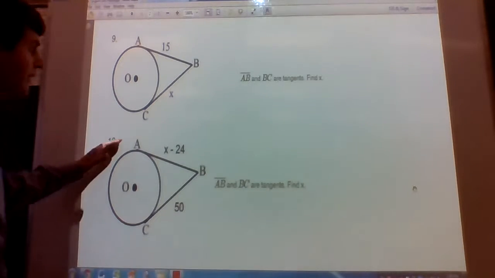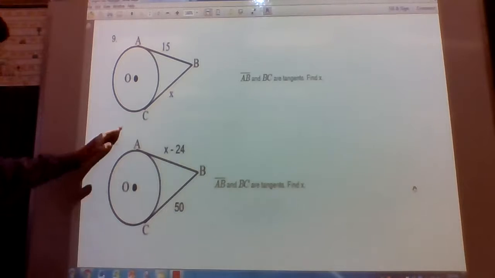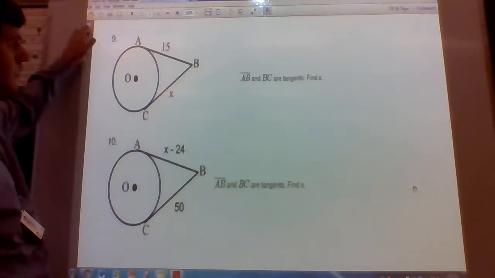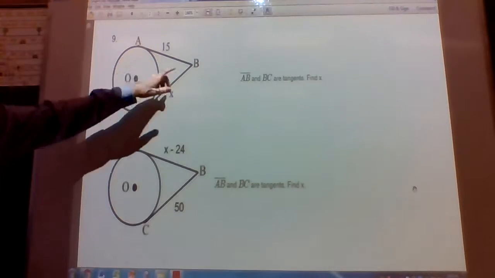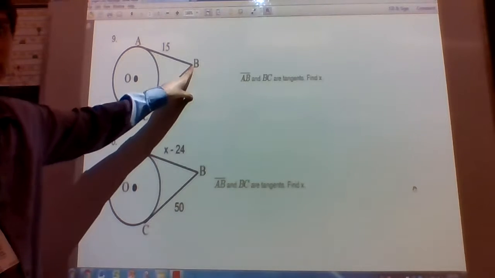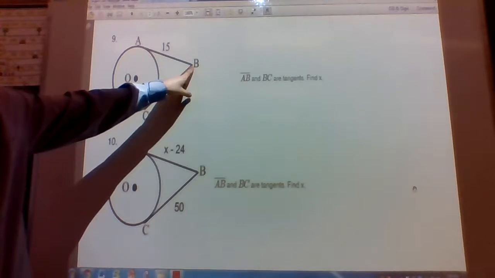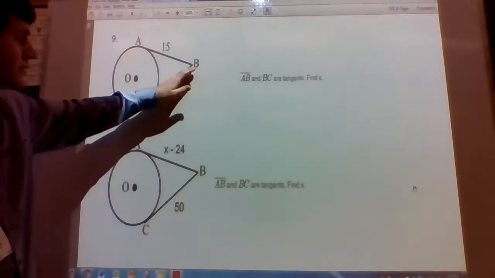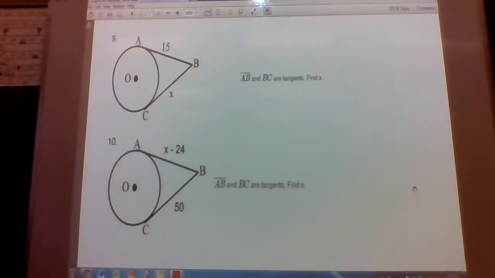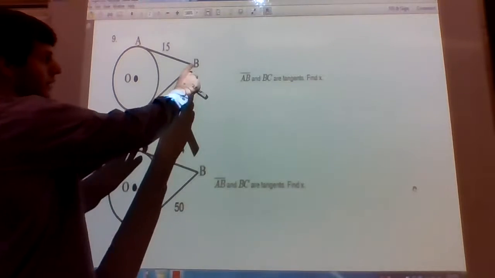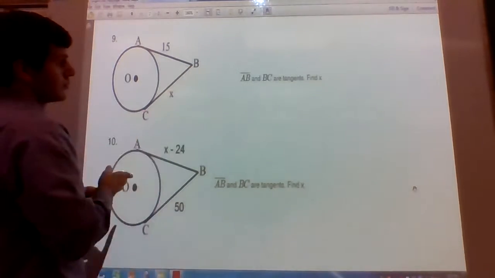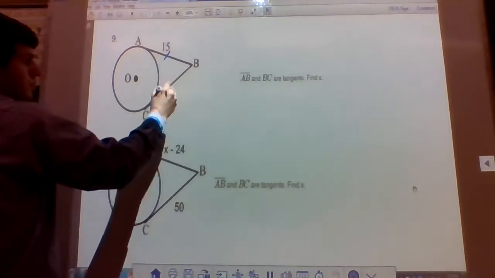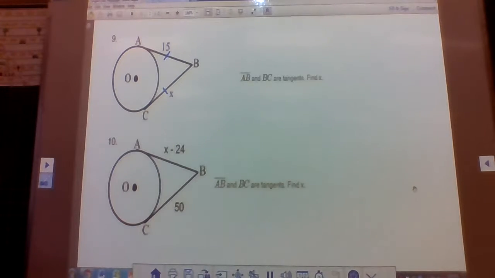So basically, if you have two tangent lines, line CB and line AB, and they meet at a point outside of the circle, point B, then the segments from the point of tangency to that exterior point will be congruent. So AB and CB will be congruent.